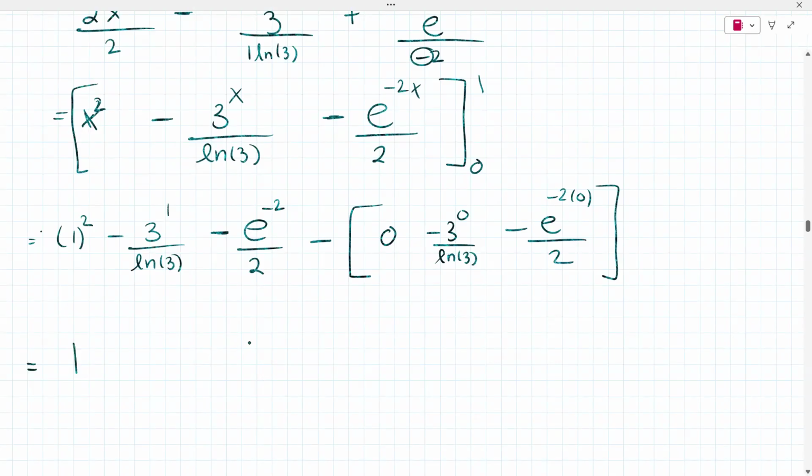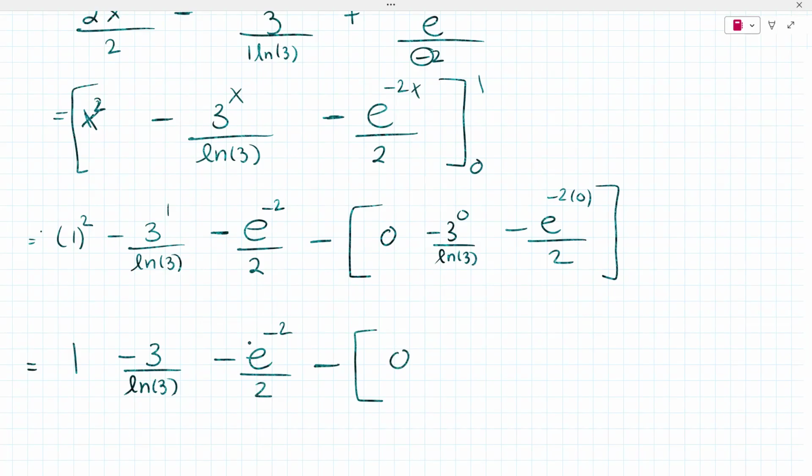So 1 squared is 1 minus 3 over ln of 3. e to the negative 2 is just negative e to the 2, minus, this is going to be 0. 3 raised to 0 is 1, and then you have a minus, so it's minus 1 over ln of 3, minus negative 2 times 0 is 0, so that's negative e to the 0, just 1 over 2.